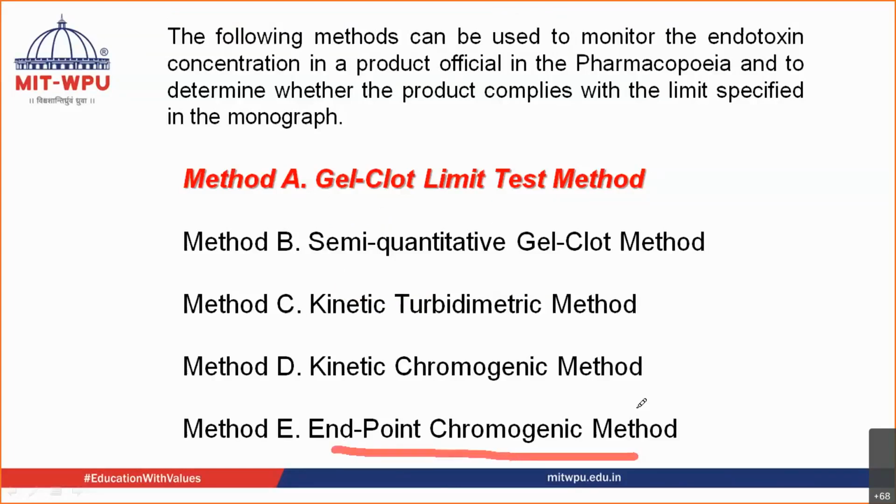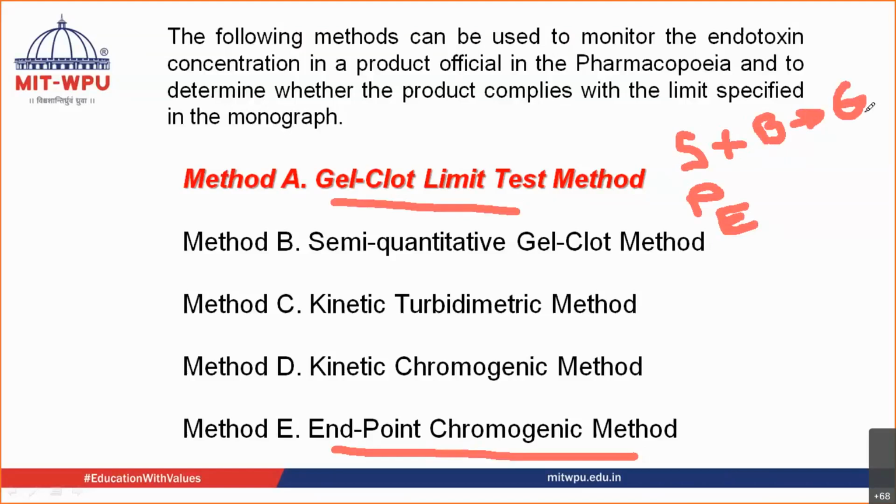In the first method, when your sample containing pyrogen or endotoxin comes in contact with the blood of the horseshoe crab, it results in the formation of gel.